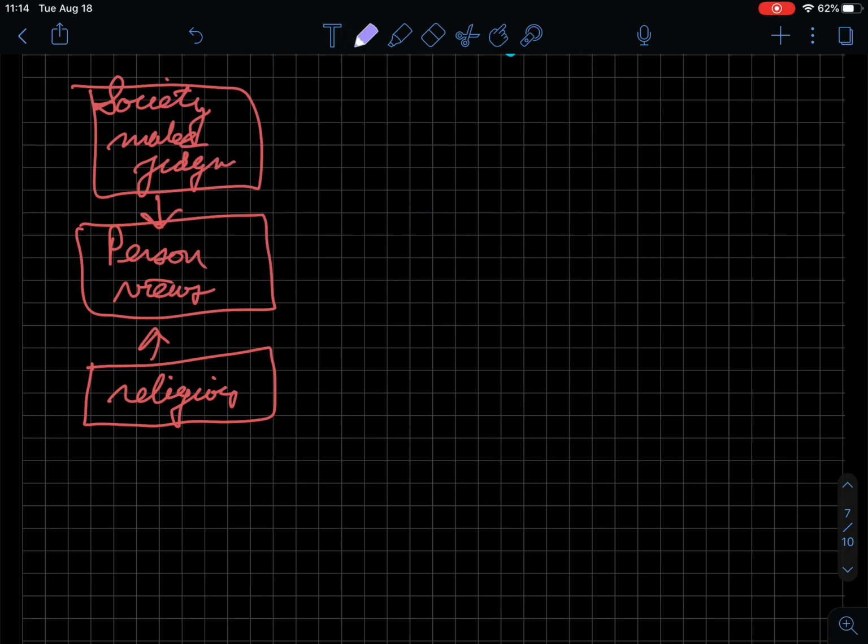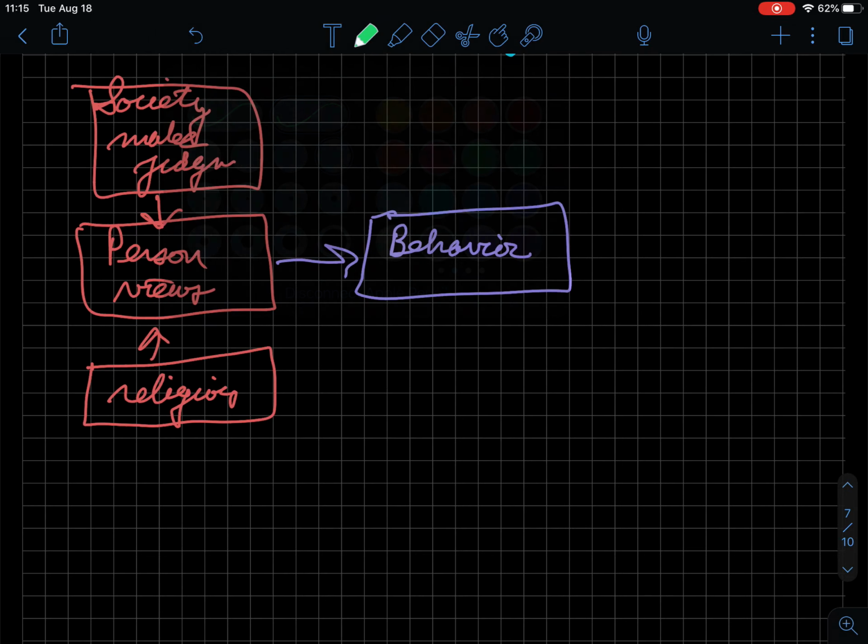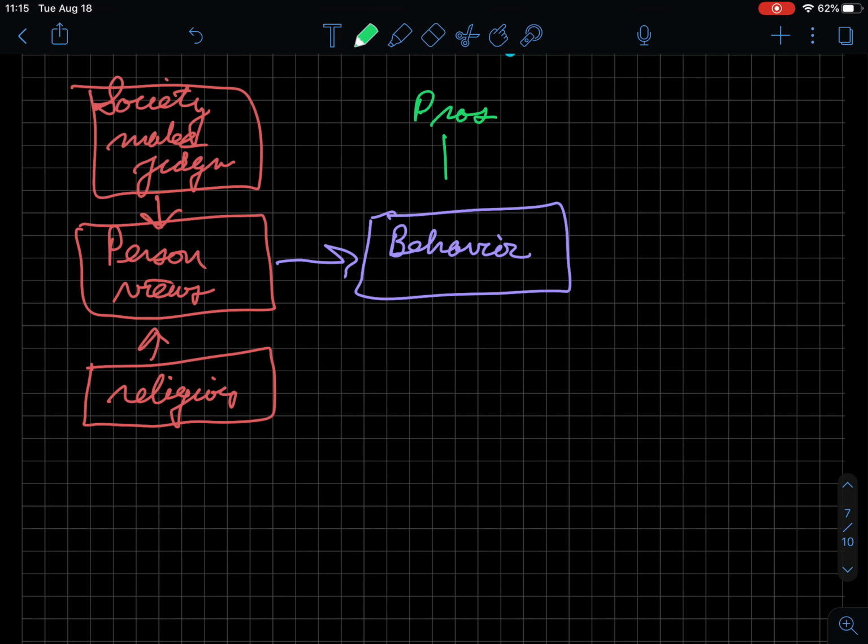So if we decide that we are going to lead to some behavior, whatever that behavior is, right? So we put this in a box. So we know we're leading this way in the path, right? We also know that this is going to be influenced by the pros of an action, right? So we have all this other background information beforehand.